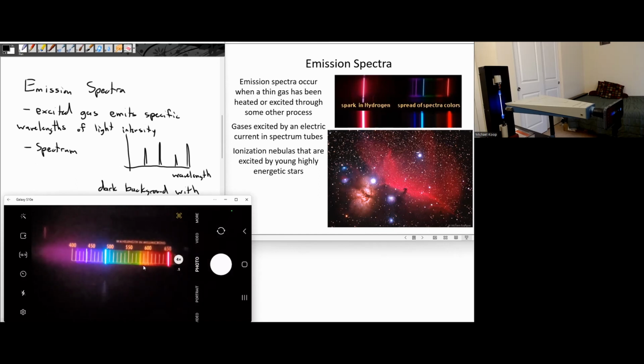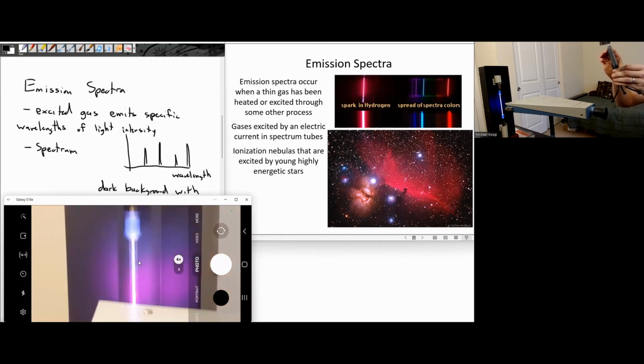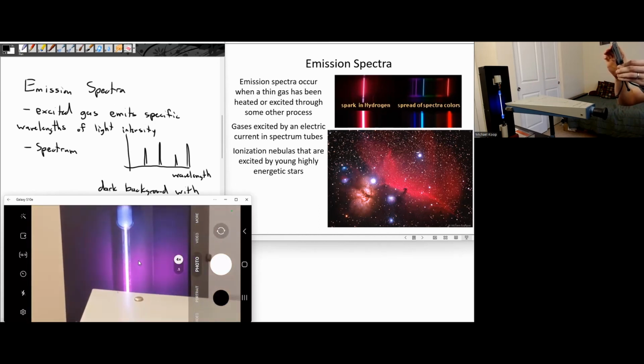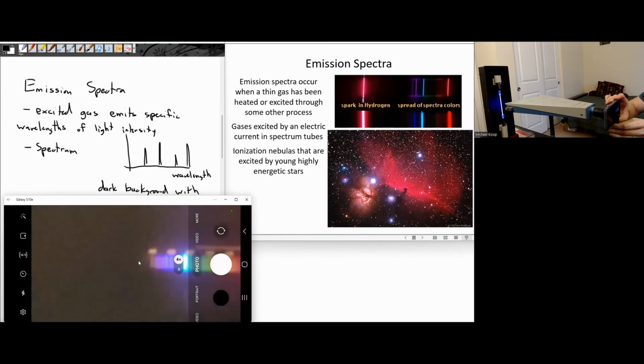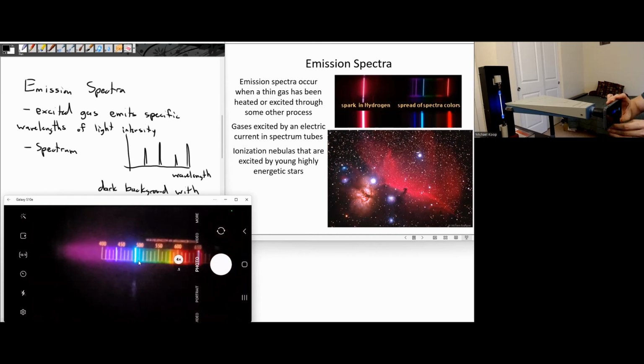If it was a more finely tuned spectrum tube, this would be a fully dark background. But again, this gas glows with a very specific pink color, and when we look at this through the spectroscope, we can see those individual bands of colors.